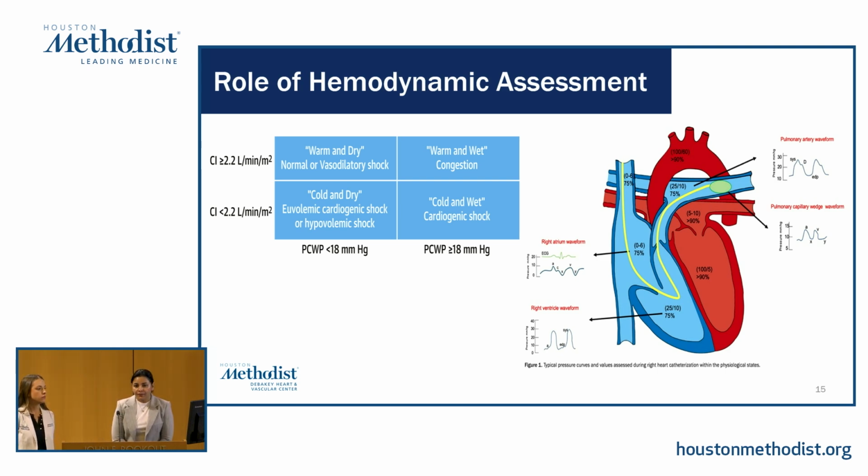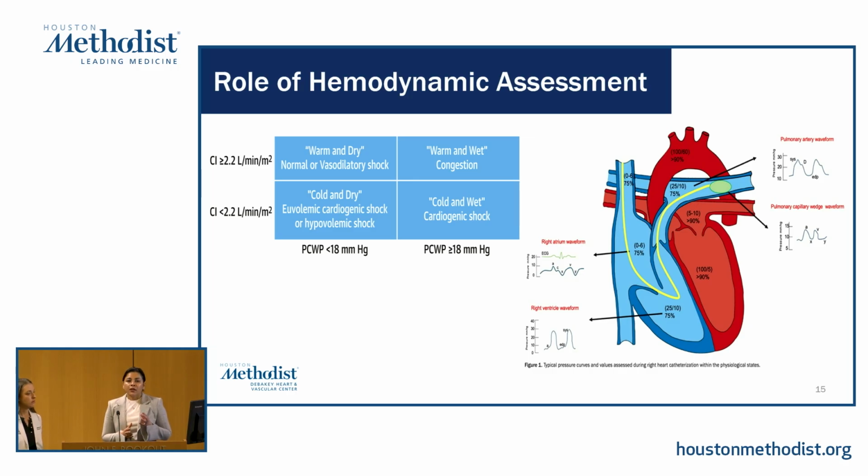Why do we do that? Number one, this assessment gives us an understanding of, in very simple terms, is the patient too wet? Is the patient dry? Does the patient have low output? Does the patient have normal output with other things, or is it a combination of all of this?